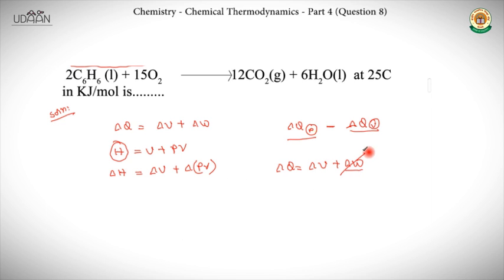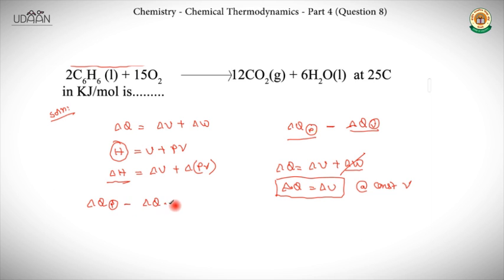So this is 0, and delta Q equal to delta U. So heat of reaction at constant volume is equal to change in internal energy, and heat of reaction at constant pressure is delta U plus delta of PV. They are asking us to find heat of reaction at constant pressure minus heat of reaction at constant volume, which is equal to delta H minus delta U, which is equal to delta of PV.